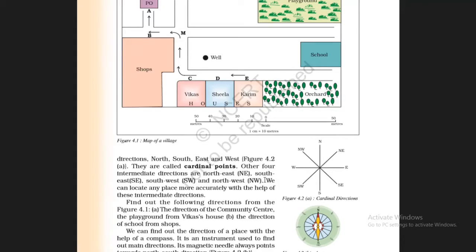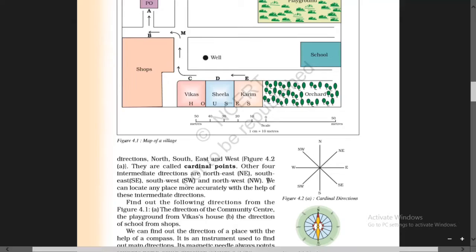You must know it. In between north and east, you find northeast. In between south and east, you can see southeast. In between south and west, southwest. And the last one, in between north and west, is the northwest direction.